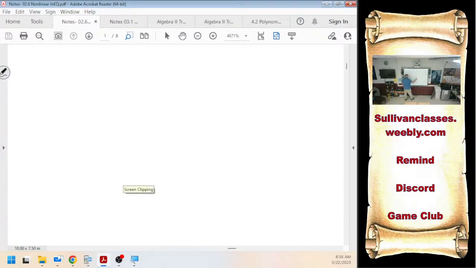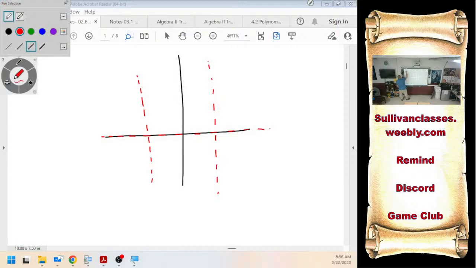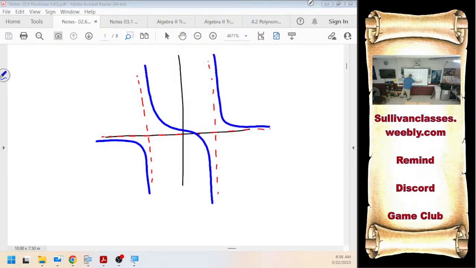Let's say, for example, I had a graph like this. Where does this switch from negative to positive or positive to negative?